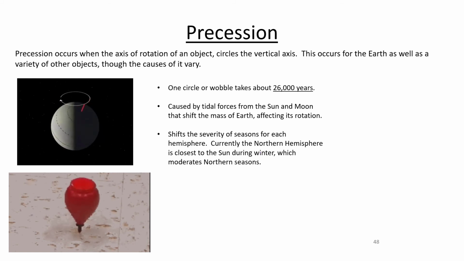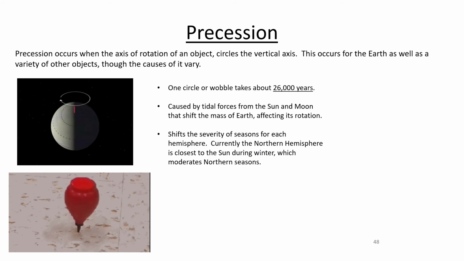And it's caused by the tidal forces of the sun and the moon that shift the mass of the Earth around within the Earth, and that affects how it rotates. And it shifts the severity of seasons for each hemisphere. So remember that the degree of tilt changes the severity of seasons, full stop, for the whole globe.